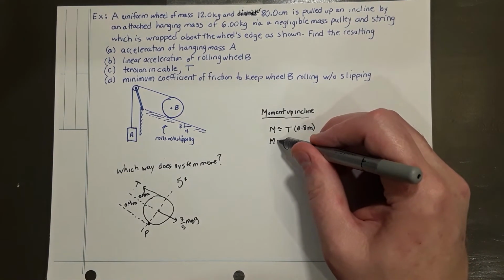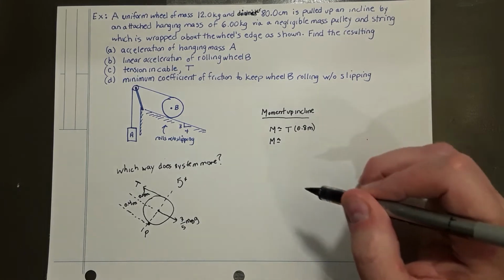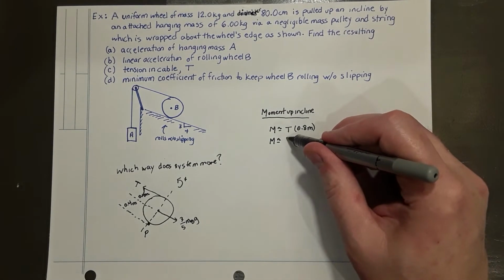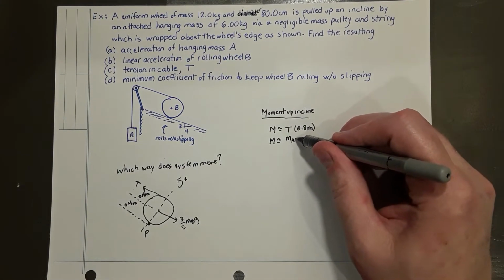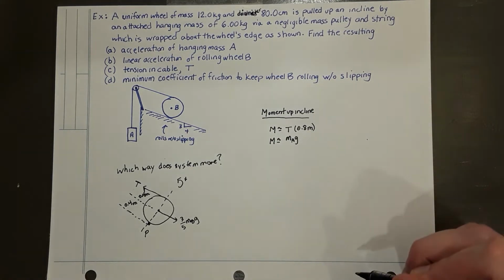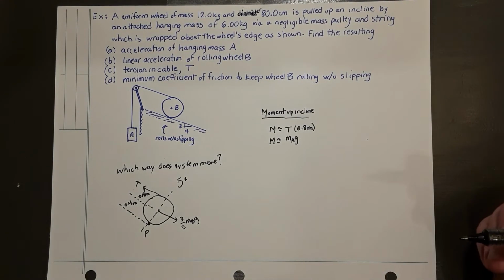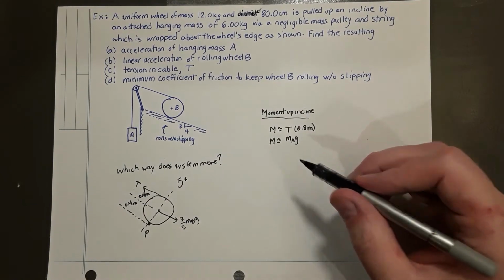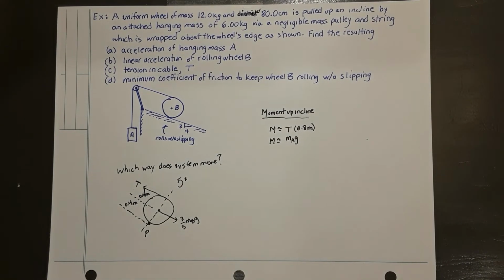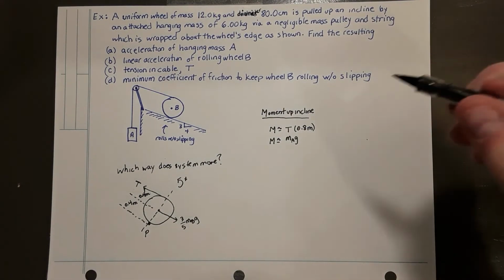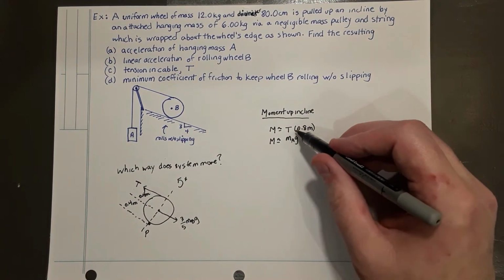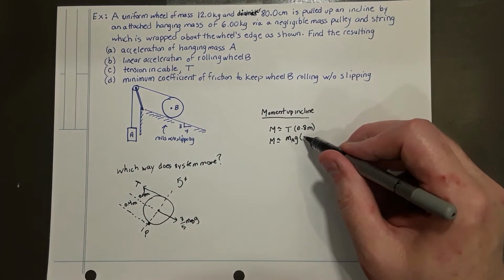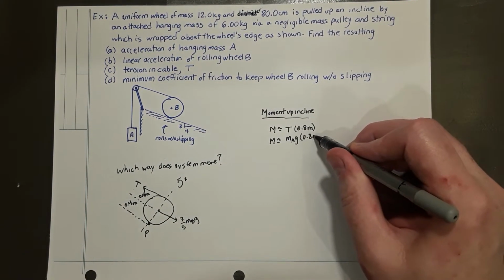But if it was in static equilibrium, the tension in that cable would be approximately equal to the weight of block A. Now, if the wheel goes up the incline, so that block A falls, this tension is going to be slightly less than that. If the wheel rolls down the incline and block A rises, the tension in the cable is going to be slightly more than this, but this is a reasonable first guess.